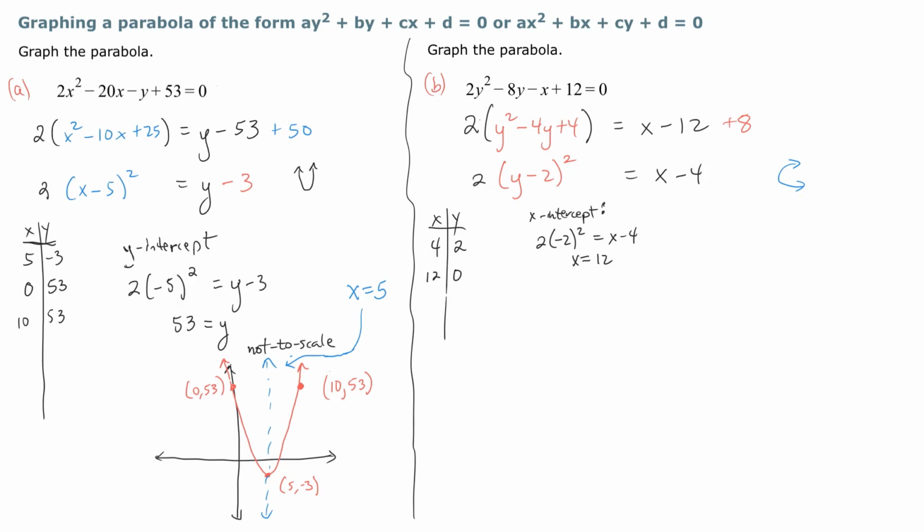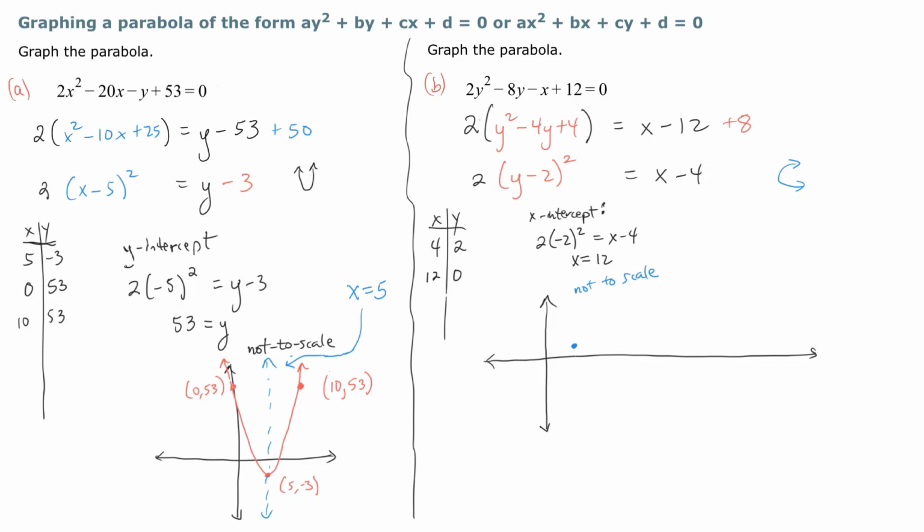Let's start graphing this now. Opening to the right, (4, 2). There are no y-intercepts. That's a good observation to have. I'm also once again going to draw this not to scale. So (4, 2), right about here, let's call the vertex there.